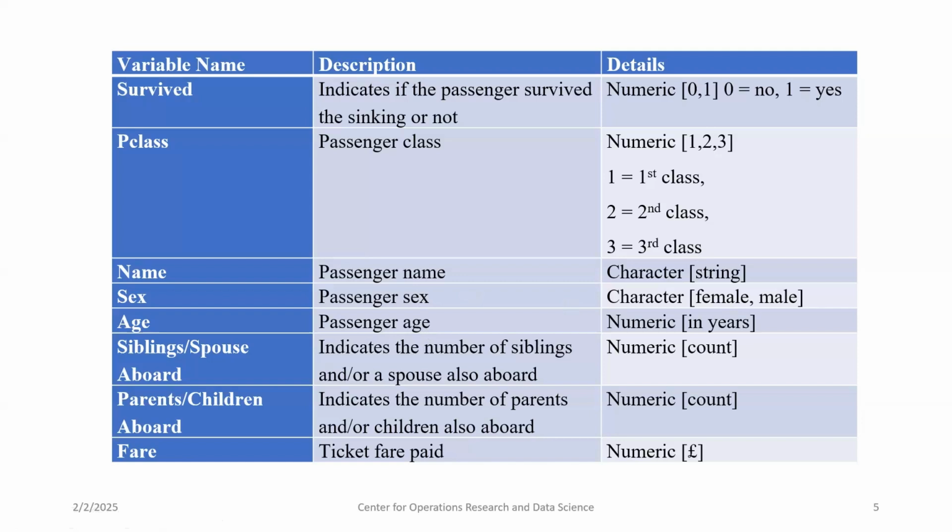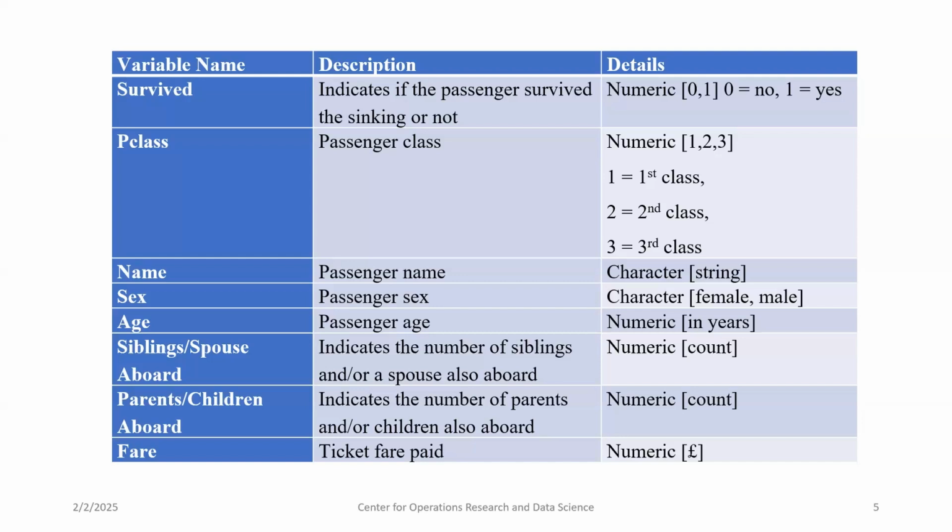And then we also see the number of siblings or spouses aboard the vessel, and the number of parents or children aboard the vessel. And then we see the ticket fare paid in pounds. So this is how the data looks.